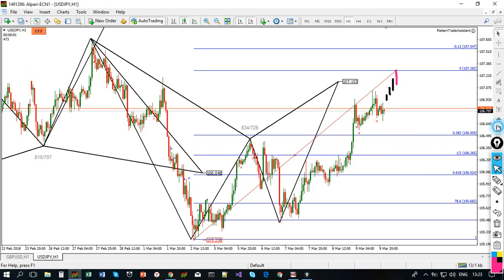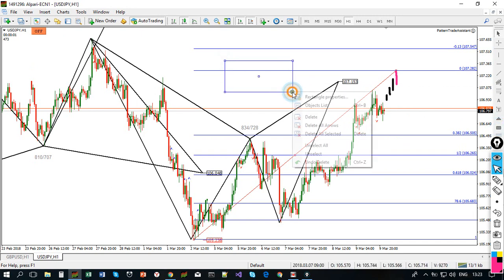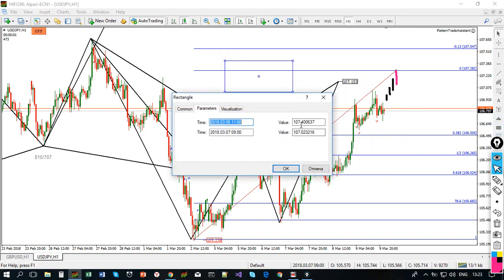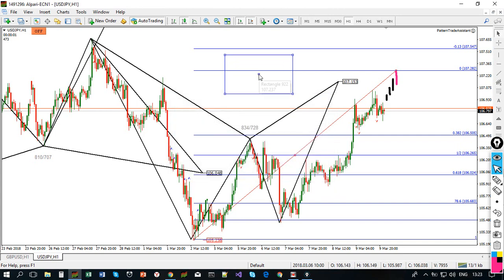The stop loss is almost the same, 47.3, starting from the entry, not to the high, but to the entry.